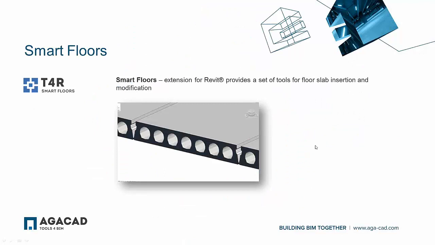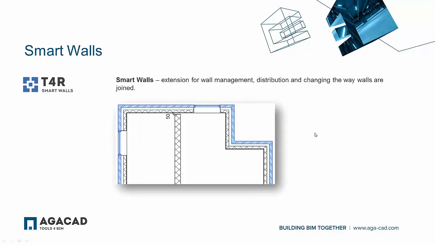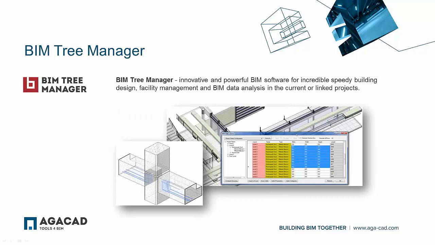So, Smart Floors. This is an extension for Revit that provides a set of tools for making floor slabs. Then we have Smart Walls. This is an extension for wall management, distribution, and changing the wall joints.